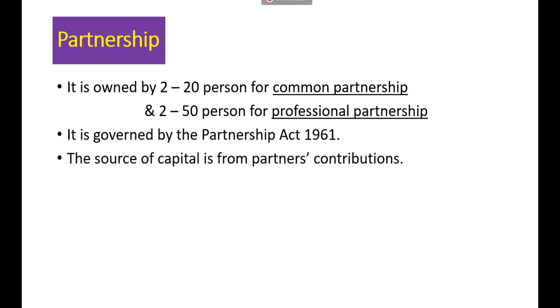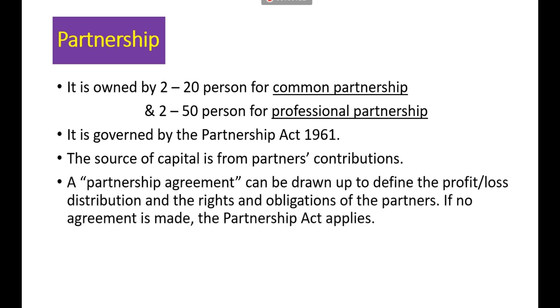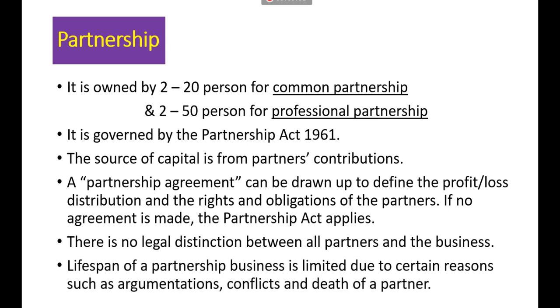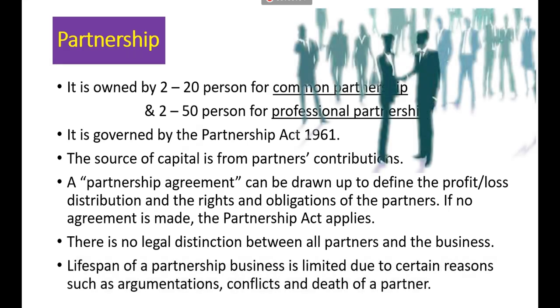A partnership agreement can be drawn up to define the profit or loss distribution and the rights and obligations of the partners. If no agreement is made, the Partnership Act applies. There is no legal distinction between all partners and the business. The lifespan of a partnership business is limited due to certain reasons such as arguments, conflicts, and death of a partner.